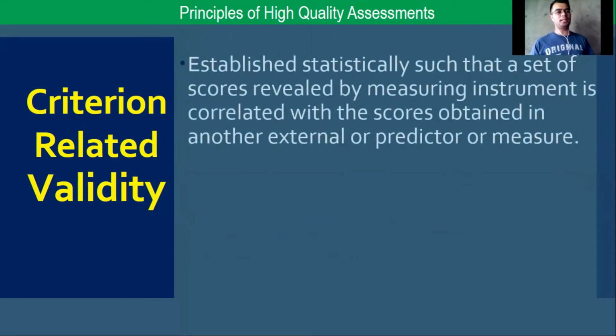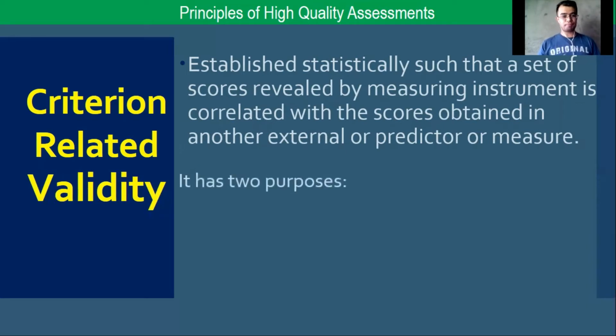But this one needs to be established statistically, such that a set of scores revealed by a measuring instrument is correlated with the scores obtained in another external or predictor measure.